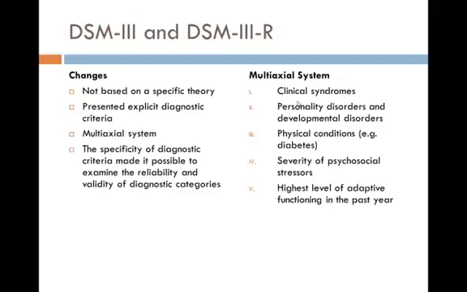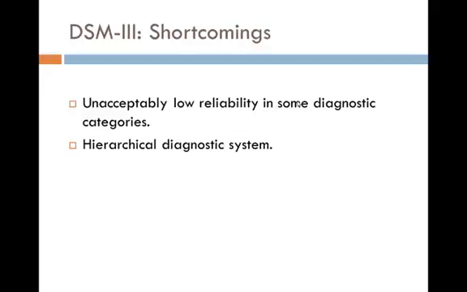So with the DSM-3, while there were many improvements in the system, there were also some shortcomings that were apparent. Basically, what was determined was that there was low reliability in some diagnostic categories in comparison to others. Also, the hierarchical diagnostic system was deemed problematic for some individuals, because what it suggested was that individuals that had higher diagnostic scores were deemed to be more pathological than others.